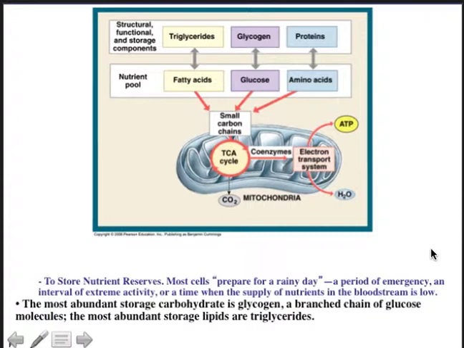Number one, they're hydrophobic, and what that means is that they tend to exclude water and as a result take up a minimal volume. They don't have to be hydrated in order to be stored.